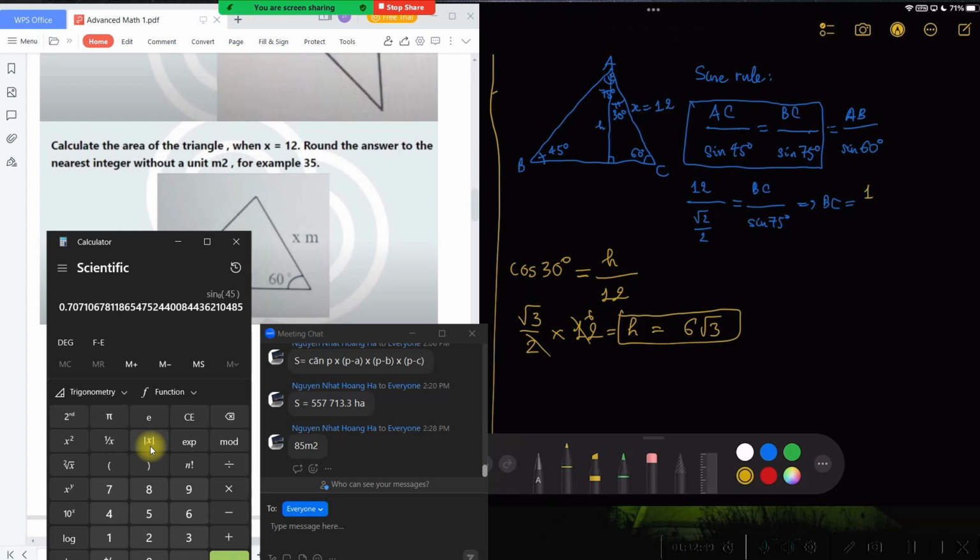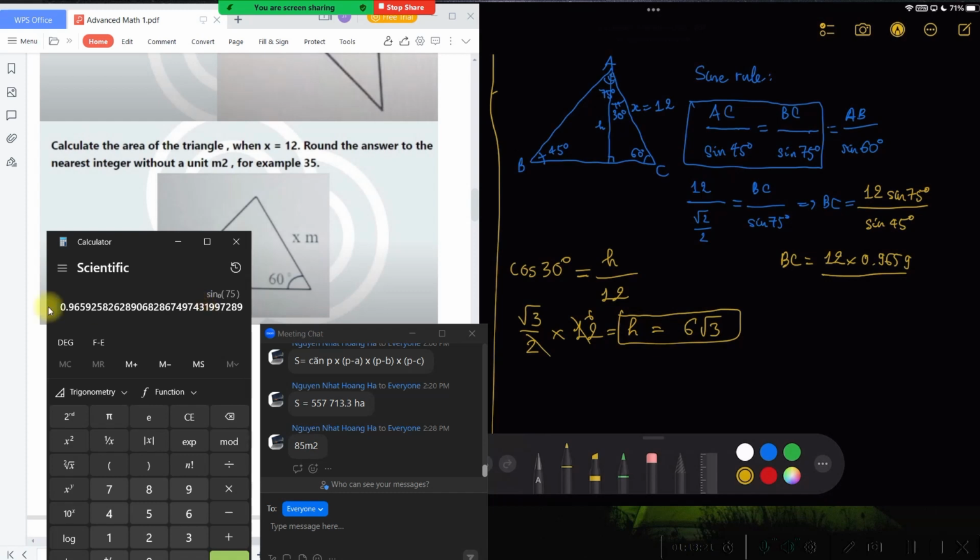So it's going to be 12 sine 75 degree divided by sine 45 degree. Sine 75 is like 0.9659.